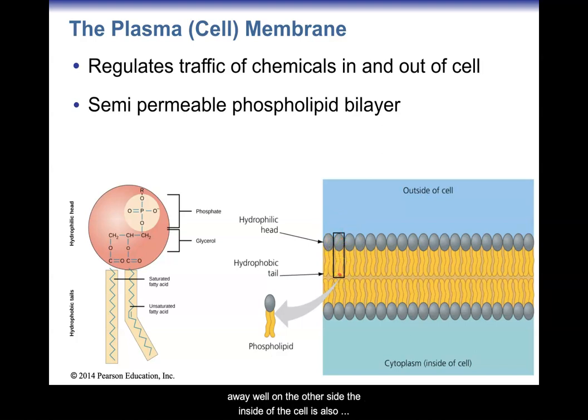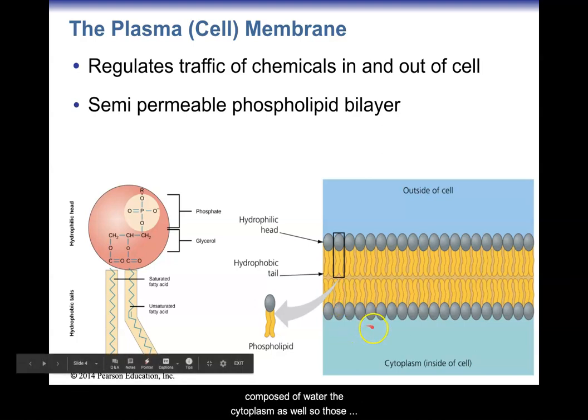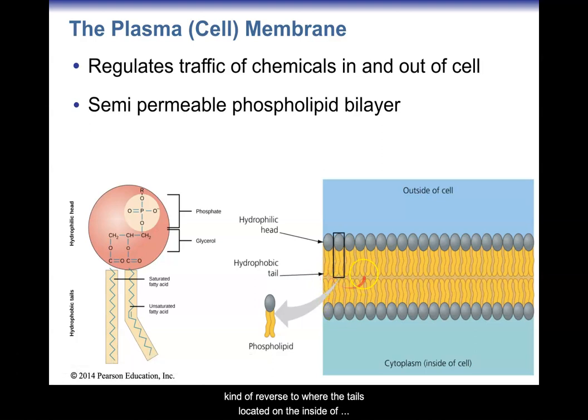Well, on the other side, the inside of the cell is also composed of lots of water, the cytoplasm, as we'll go over, so those tails hide away from it. So we can see how they reverse to where the tails are located on the inside of the membrane with those hydrophilic heads forming the membrane as well.